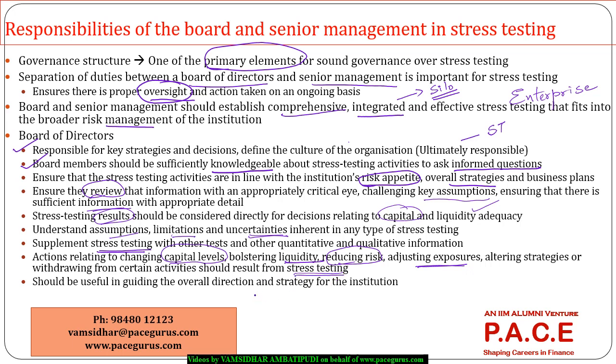All these activities that the company is getting into, all these strategies that the company is getting into, everything should come from stress testing itself. And overall direction and strategy of the institution needs to be driven through stress testing only.